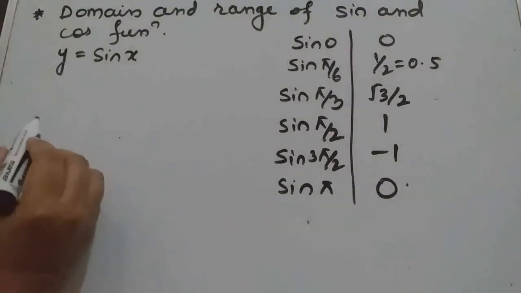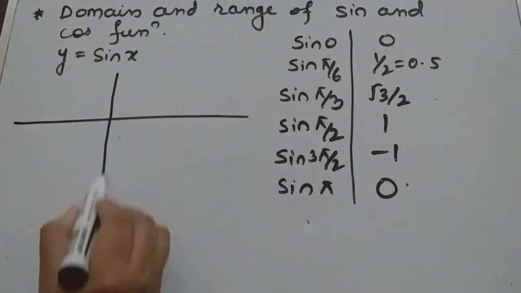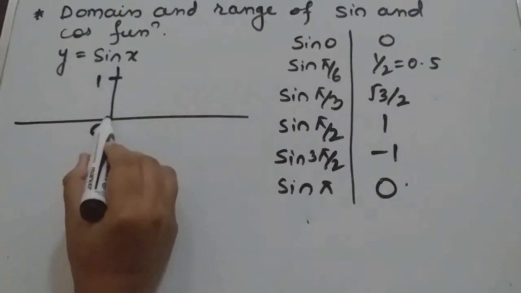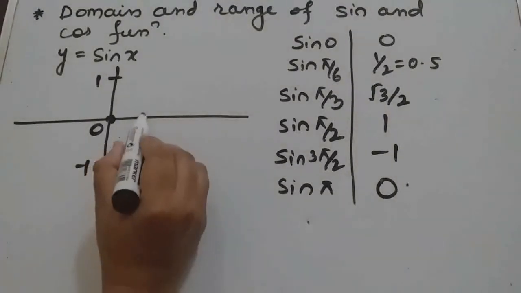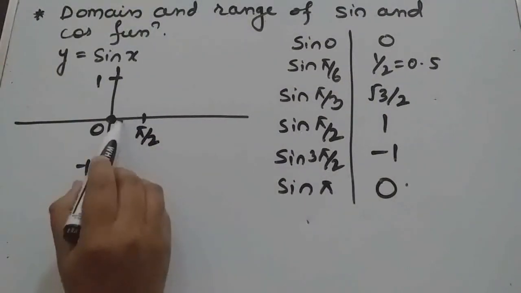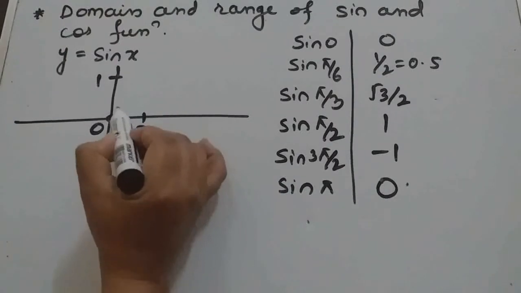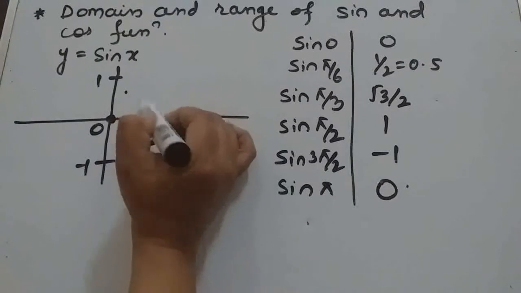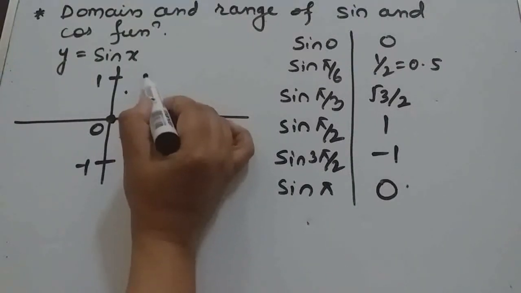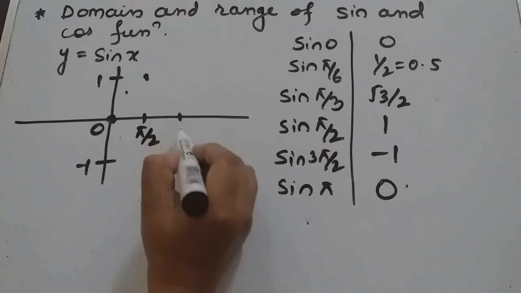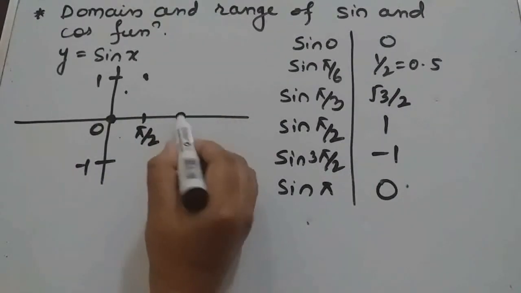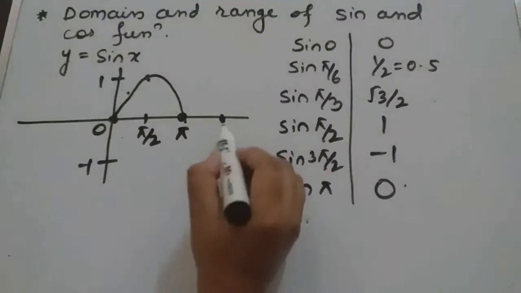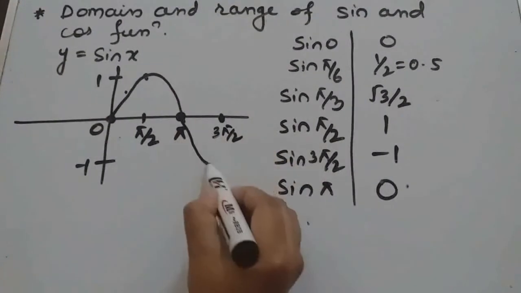Sine pi by 4 is also 1 by root 2, so values in between 0 and 1 will come. If you want to draw the graph of this, see, minus 1, 0 and 1. For 0 it is 0; for pi by 2 it is 1, and in between, pi by 3 will come, so 0.5 is here. Then at pi it is again 0. Then at 3 pi by 2 it is minus 1.